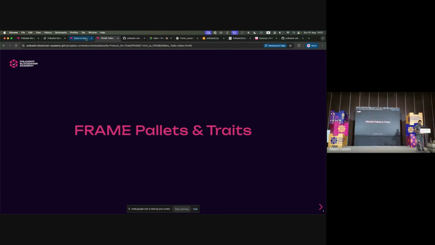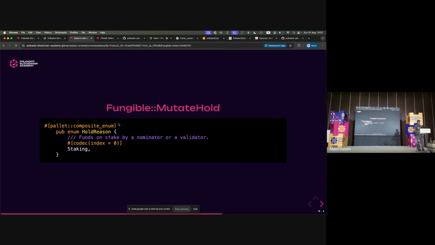These traits are things for the FRAME developer. They're not immediately available to people submitting an extrinsic. They're not an extrinsic. They're things you can use in your extrinsics or in any part of your code. These are internal libraries, which are already implemented for you.